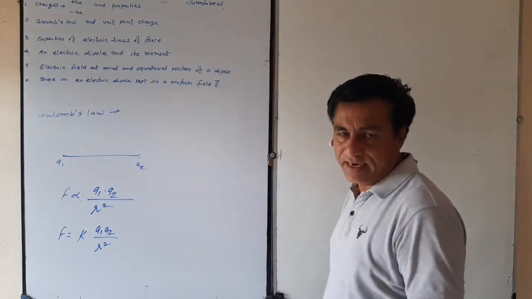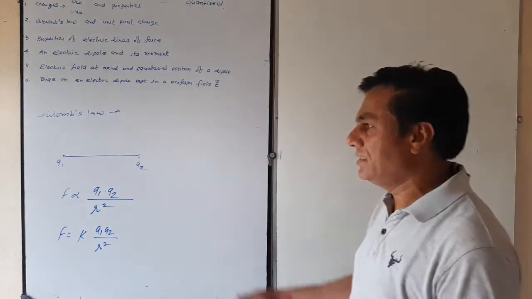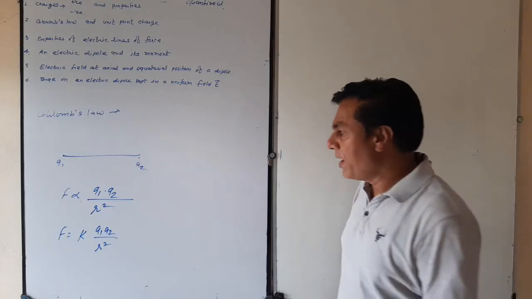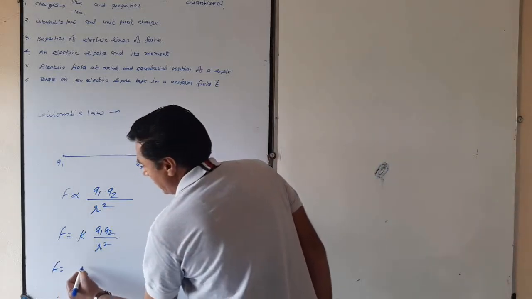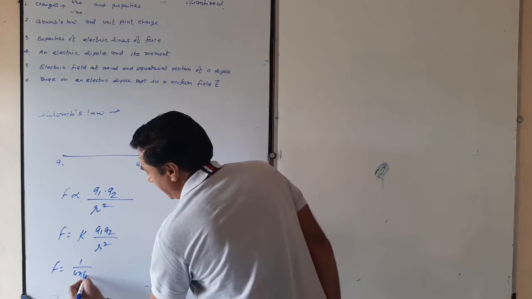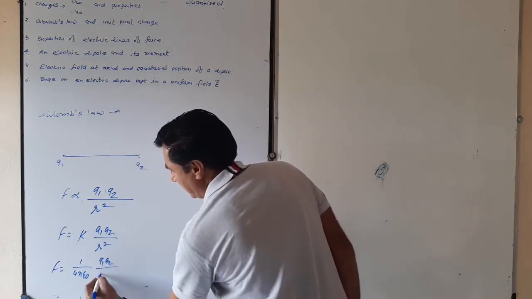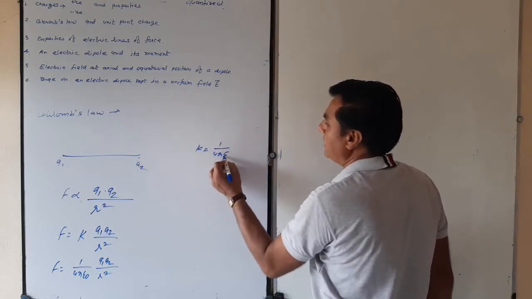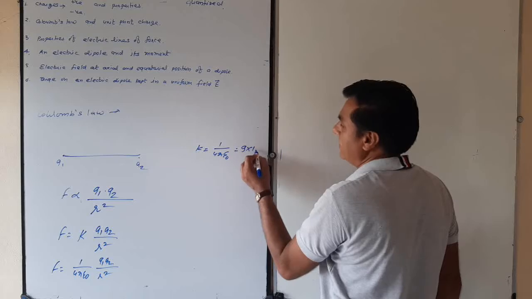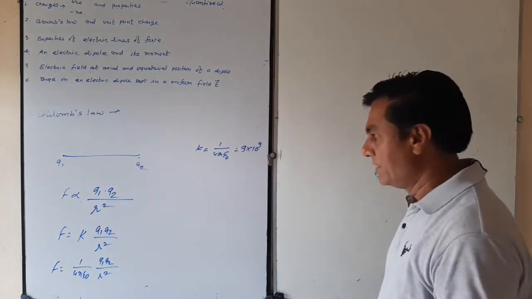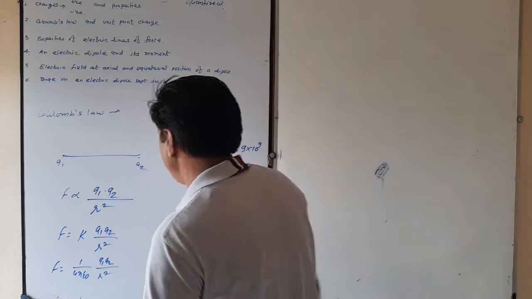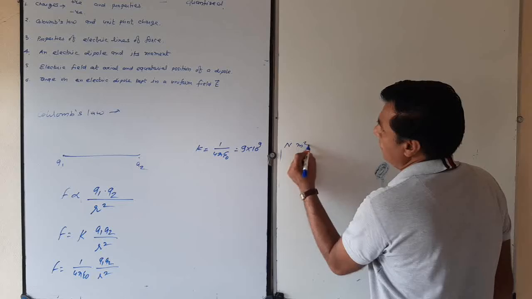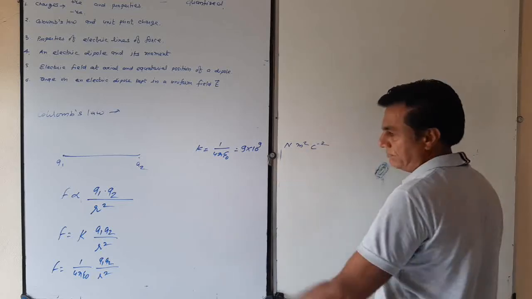K is a constant and its value depends upon the nature of the medium. At present we are taking air or vacuum. For air or vacuum, K is 1 upon 4 pi epsilon naught, and the force is K Q1 Q2 divided by R square. 1 upon 4 pi epsilon naught is K, and its calculated value is 9 times 10 to the power 9 Newton meter square per Coulomb square.